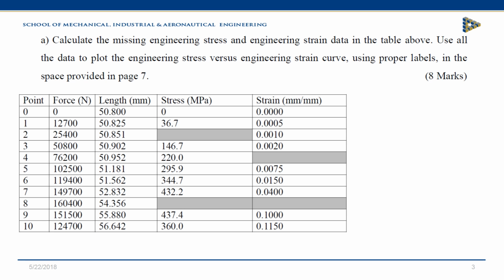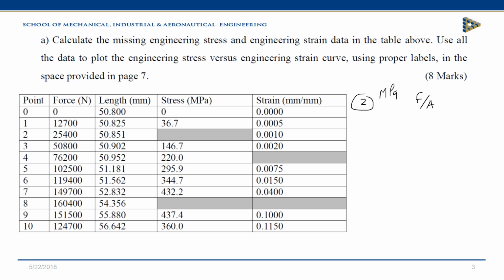So the first part of the question says we need to calculate these missing stress-strain data, stress in MPa, strain in millimeters per millimeter or unitless, and then we have to plot it on the graph paper provided. First we need to calculate the stress for point 2. Stress is force over area.